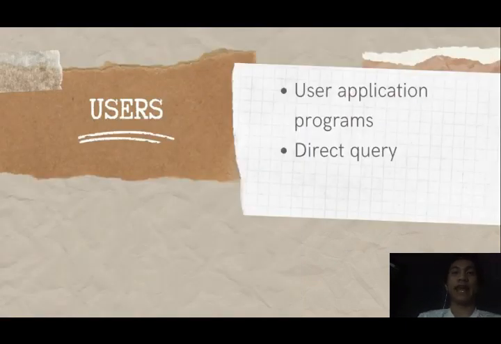The users can access the database in two ways. The first is via user application programs that systems professionals prepare. These programs send data access requests to the DBMS, which validates the request and retrieves the data for processing. Under this mode of access, the presence of the DBMS is transparent to the users.